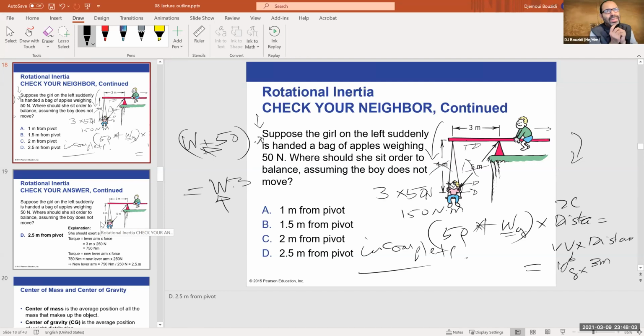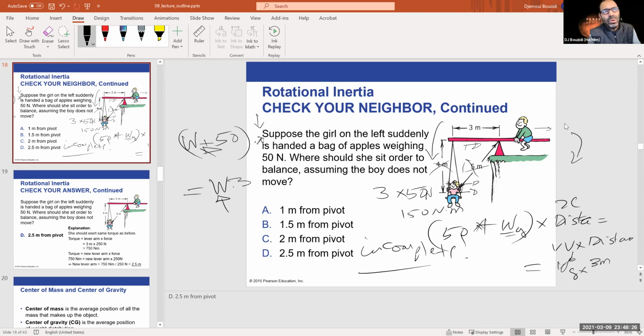So if she has some more weight, the boy now needs to compensate for her torque, and for the additional 50 Newton of apples. So for him, either he moves back, since he's staying in his place, because his weight he cannot change. The only thing he can change in this case is the location.